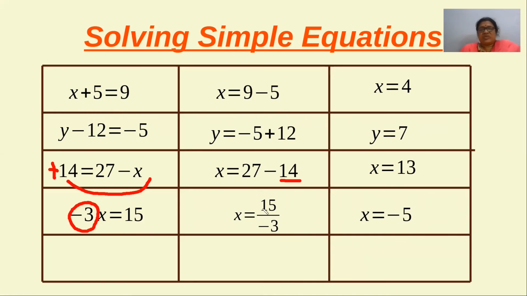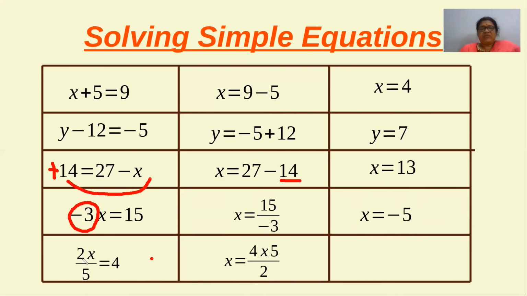Now next one, 2x by 5 is equal to 4. So 5 is dividing x. When you take it to the other side, what happens? The 5 will multiply the 4, and observe carefully, 2 is multiplying x. When you bring it to the other side, it will divide like this.